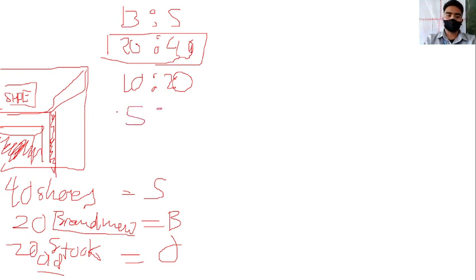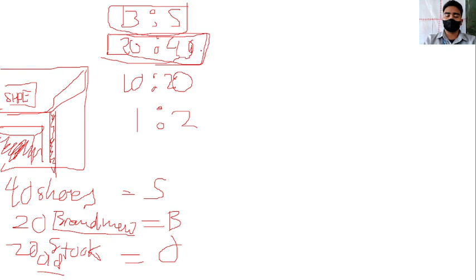Or you could also have 1 over 2. Now, let's just focus first on your 20 is to 40. This is your ratio for the total number of brand new shoes and the total number of shoes.